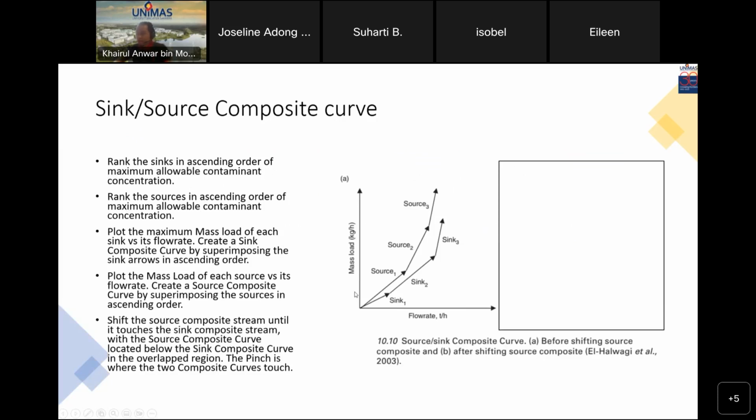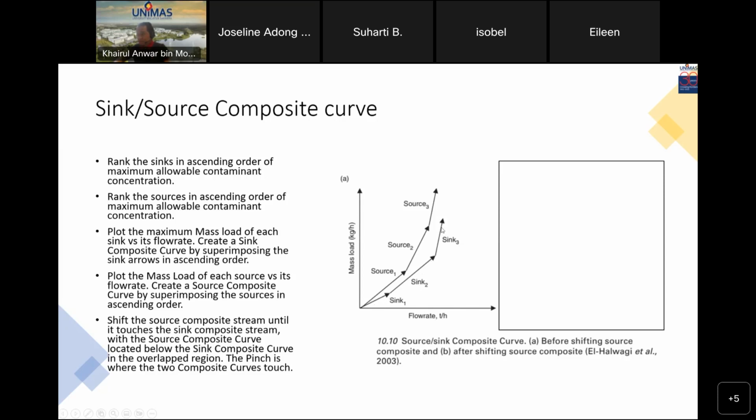Rank the sink in ascending order. So sink is inlet, source is outlet. Rank the sink in ascending order of maximum allowable contaminant concentration. Rank the source in ascending order of maximum allowable contaminant concentration.